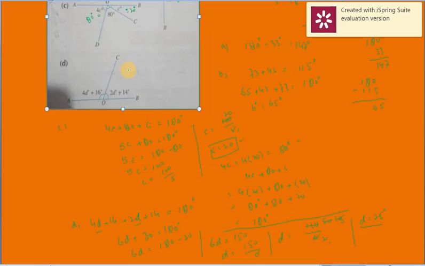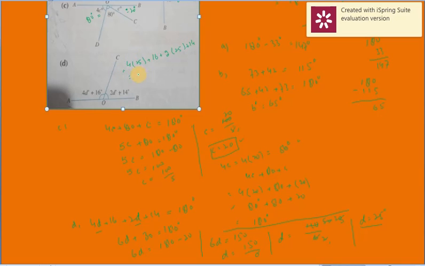And when we add them all together, they must be equal to 180 degrees. In place of D we put 25 in 4D plus 16, and for the other angle we write 2 times 25 plus 14.